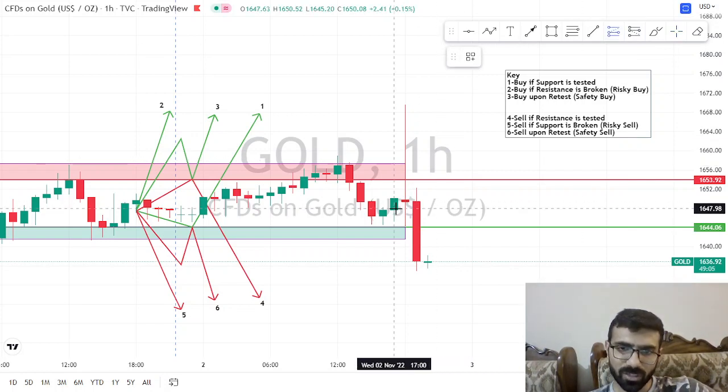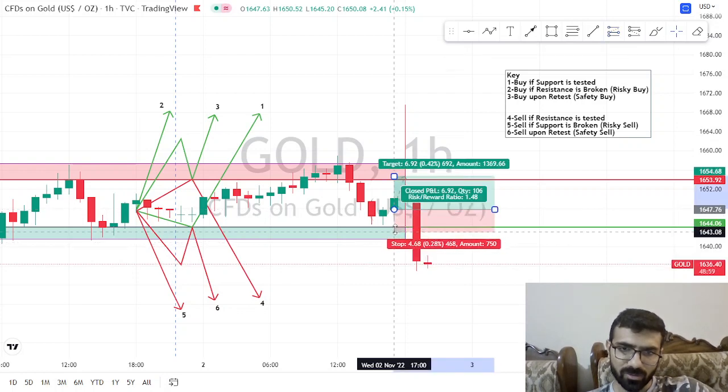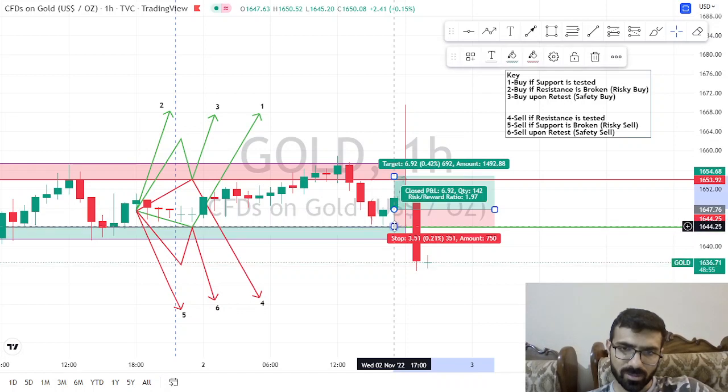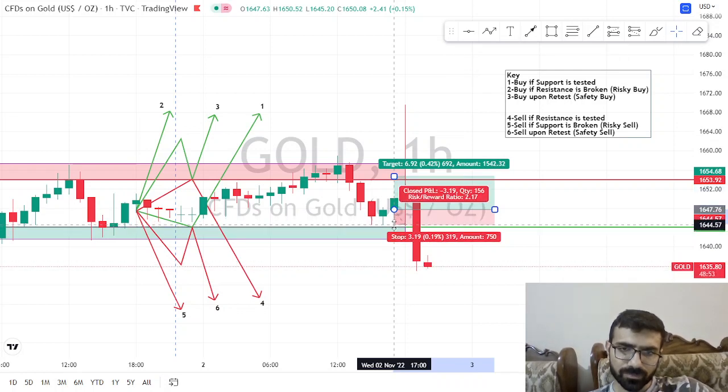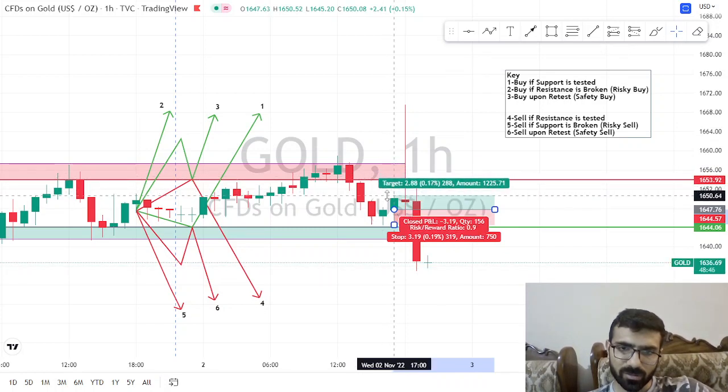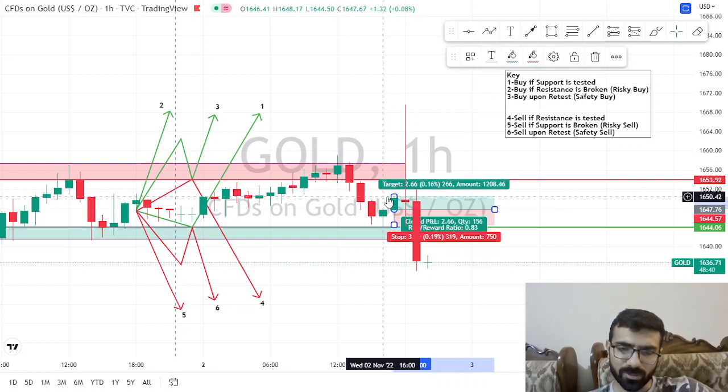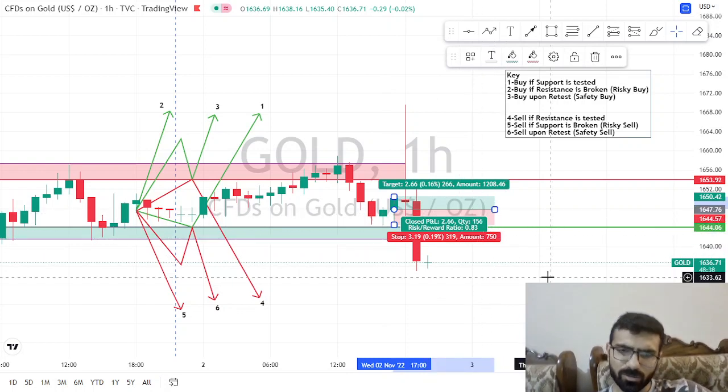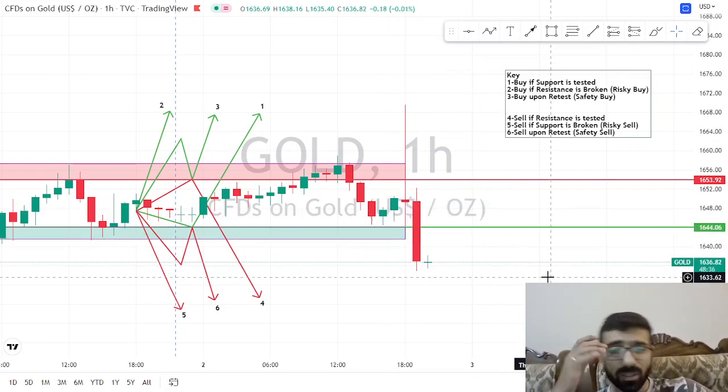So if you would take this position over here, our take profit will be this. So this trade would have given us a profit of approximately 0.8%. Okay, not bad but not really good as well.